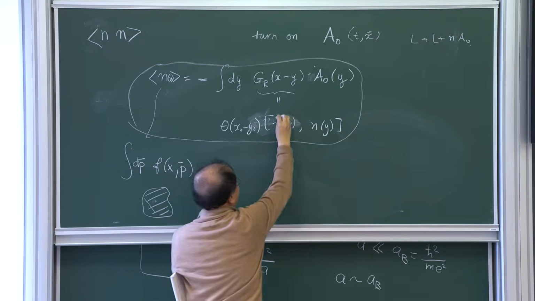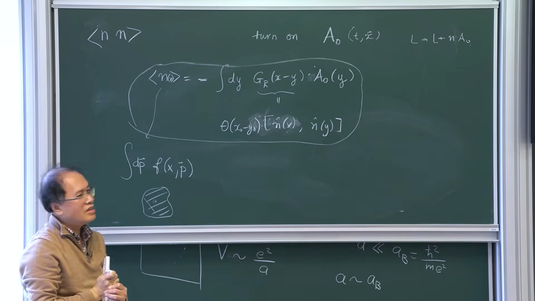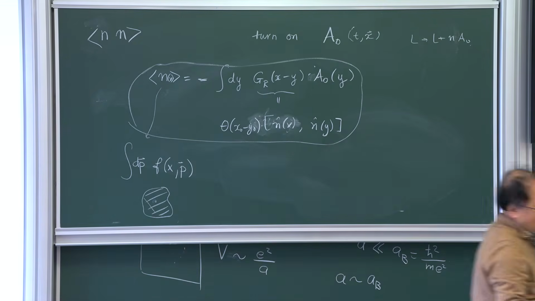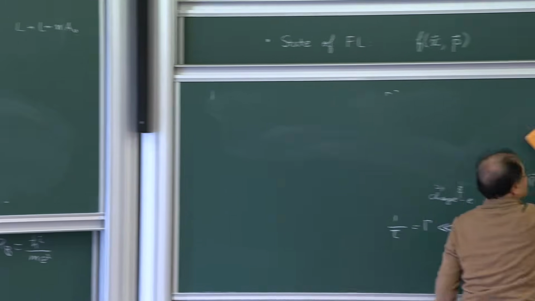This actually has to be an operator. So this is the way one would compute the retarded propagator in Landau theory.